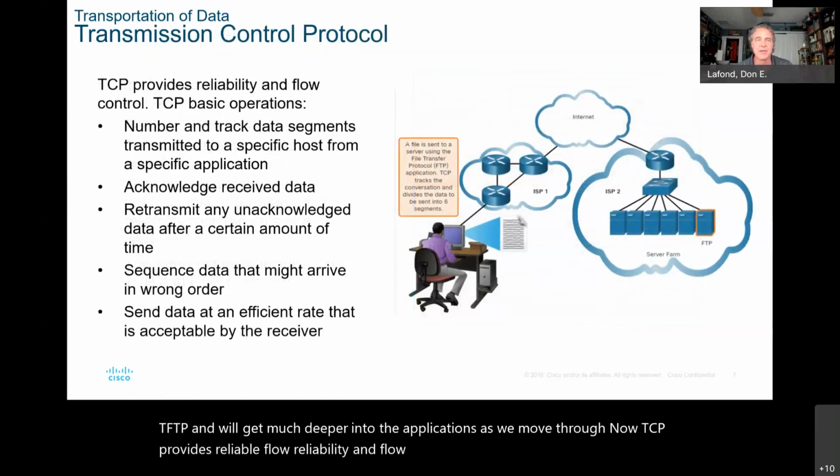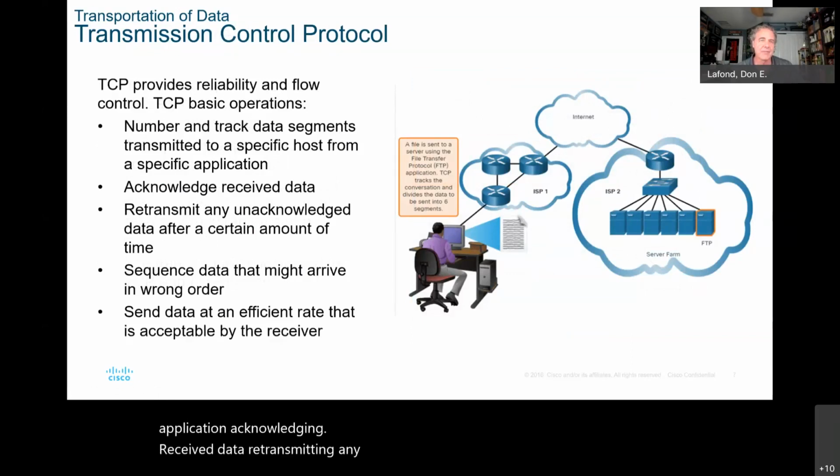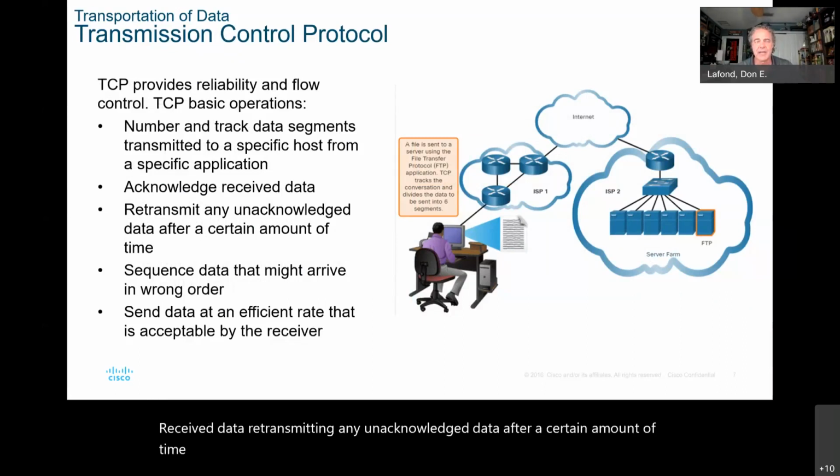TCP basic operations include numbering and tracking data segments transmitted to a specific host from a specific application, acknowledging received data, retransmitting any unacknowledged data after a certain amount of time, sequencing data that might arrive in the wrong order, and sending data at an efficient rate that is acceptable by the receiver.